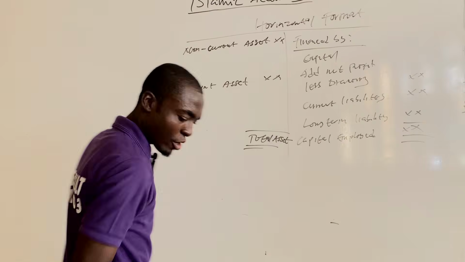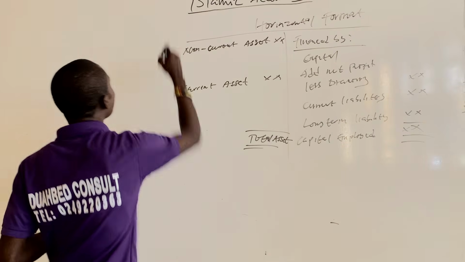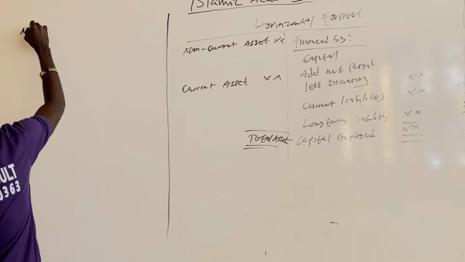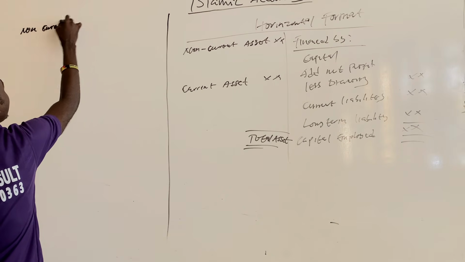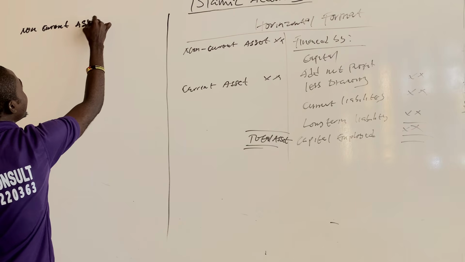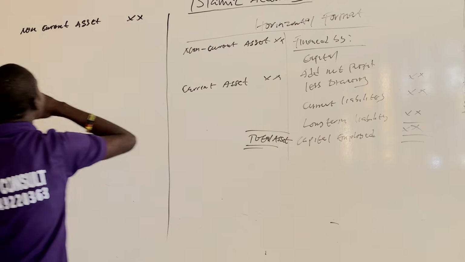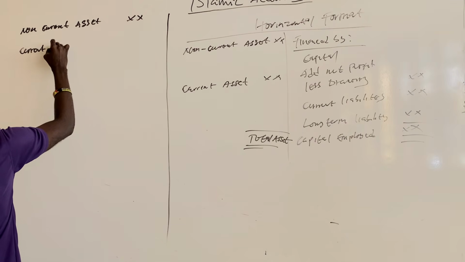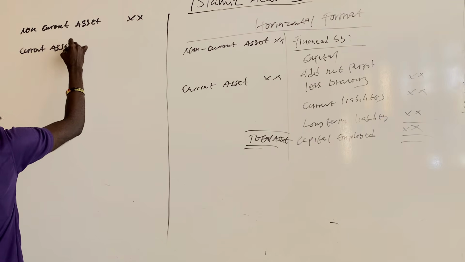And then for the vertical format, you start with your non-current assets. And then you record your current assets.